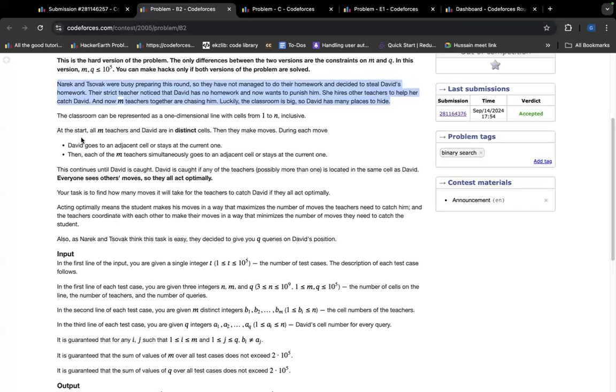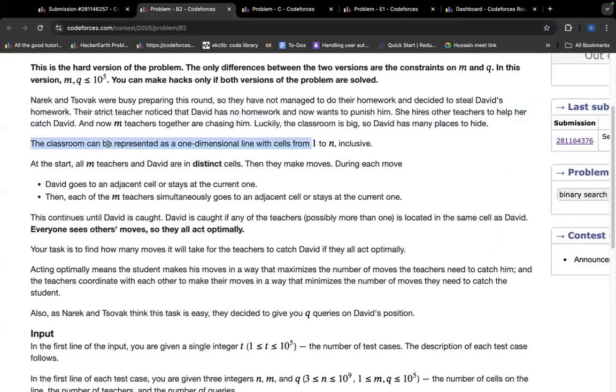Now, the classroom can be represented as a one-dimensional line with cells from 1 to n. At the start, all M teachers and David are in distinct cells. They can make moves. During each move, David goes to an adjacent cell or stays in the current one. Then, each of the M teachers simultaneously moves somewhere.